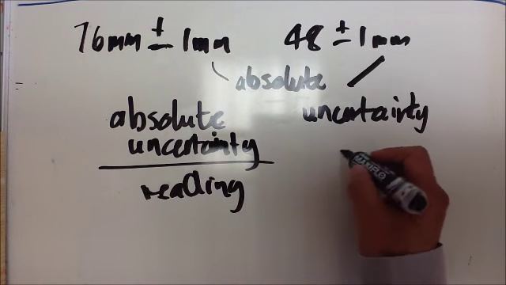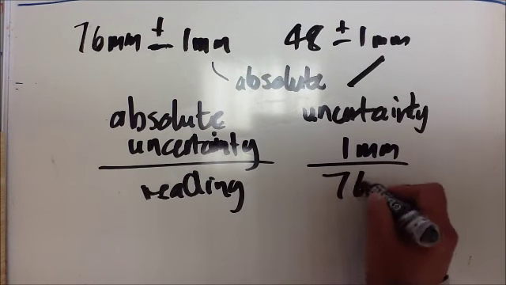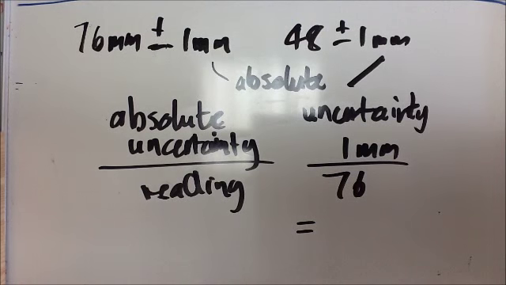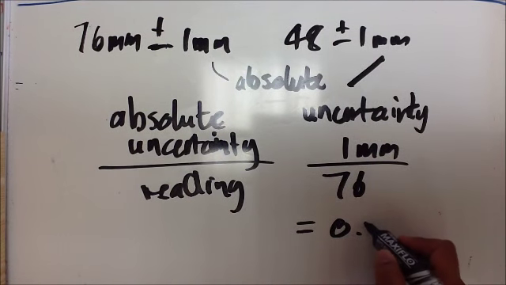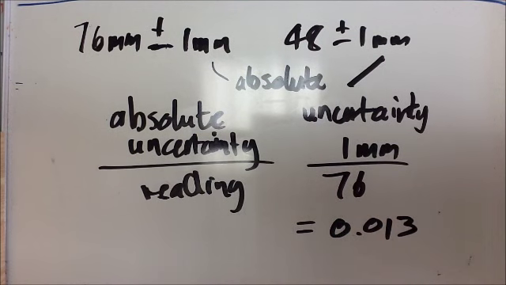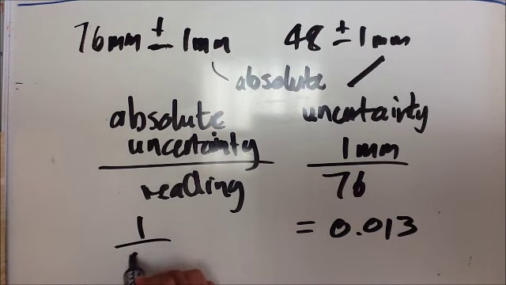So let's take the absolute uncertainty of 1 millimeter and we divide it by 76. We get the relative uncertainty of 0.013. If we do the same thing with 48, we have 1 divided by 48 and we get an answer of 0.021.